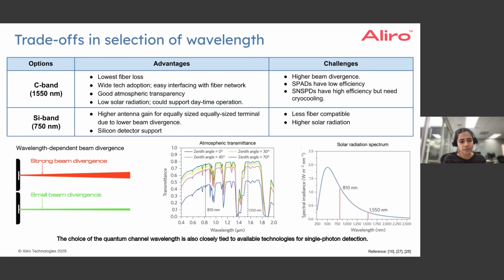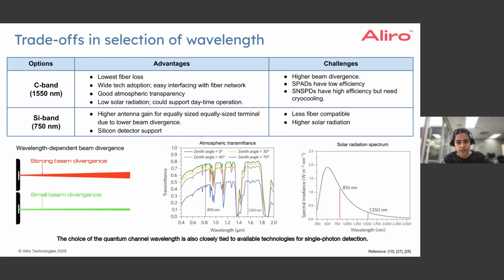It's well known that with smaller wavelengths, there is lower beam divergence, which means the beam is more focused, so there is higher efficiency collection at the receiver's end. So the silicon band is also supportive of this because it has a lower wavelength, and we can have much higher efficiency in collection as compared to the telecommunication band.